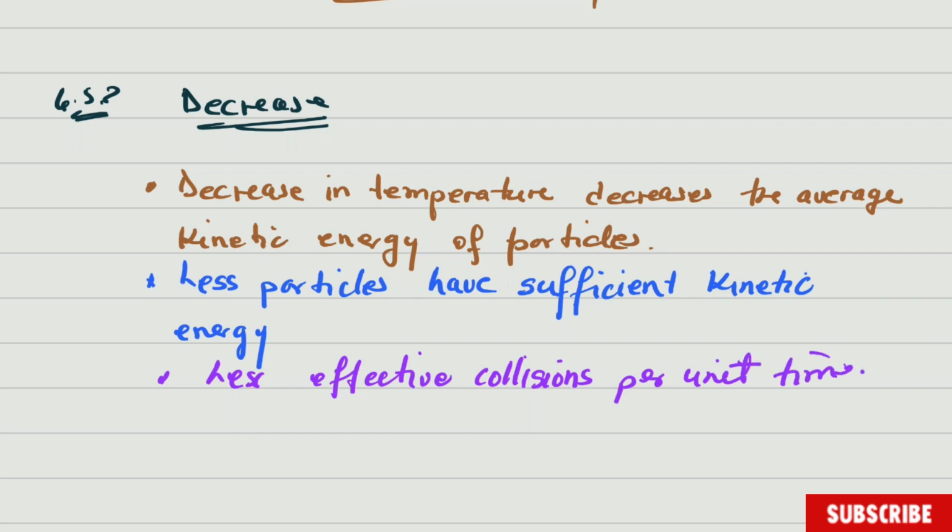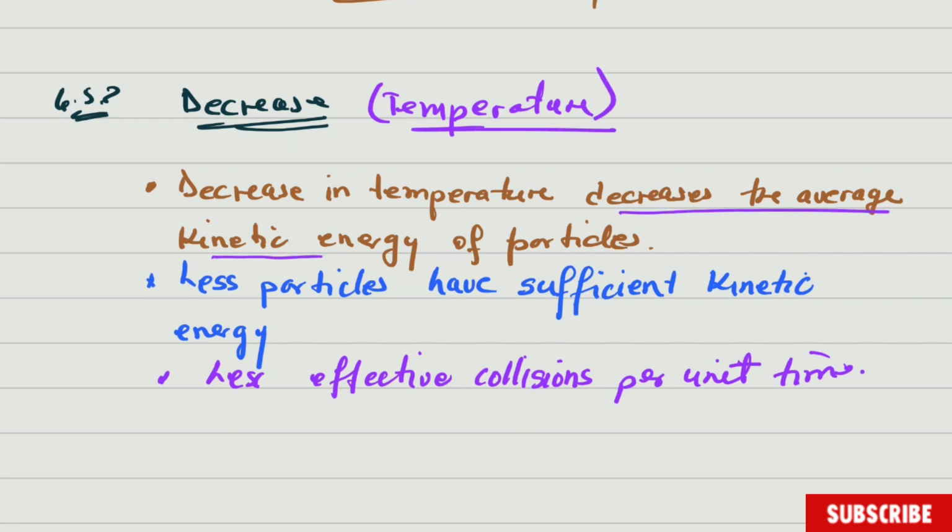And this is the end of that explanation. A decrease in temperature, remember here we are speaking about temperature, decreases the average kinetic energy of the particles. Less particles having sufficient kinetic energy, less effective collisions per unit time.